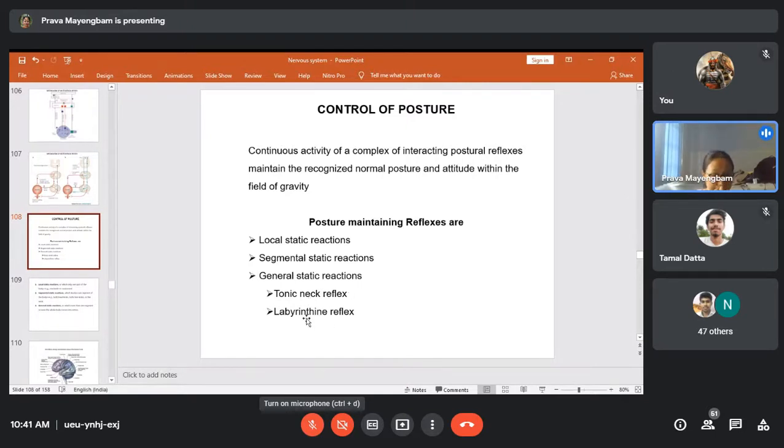Another is the labyrinthine reflex. Your body's equilibrium is maintained due to the labyrinth, which is present in the inner ear, in the vestibules. So that is going to maintain the equilibrium of the body. Whenever there is a shift in the equilibrium, what happens? You feel dizziness.